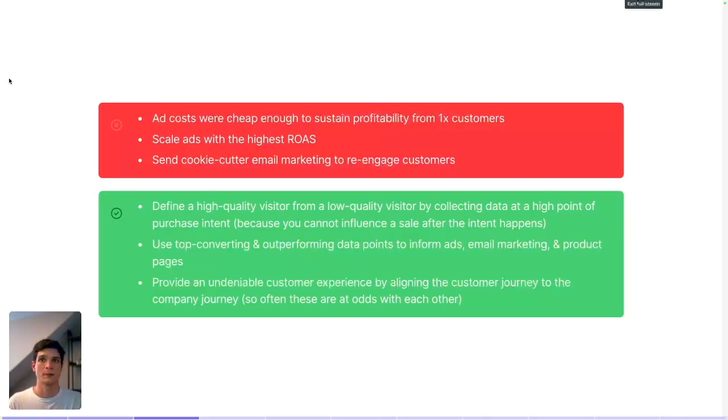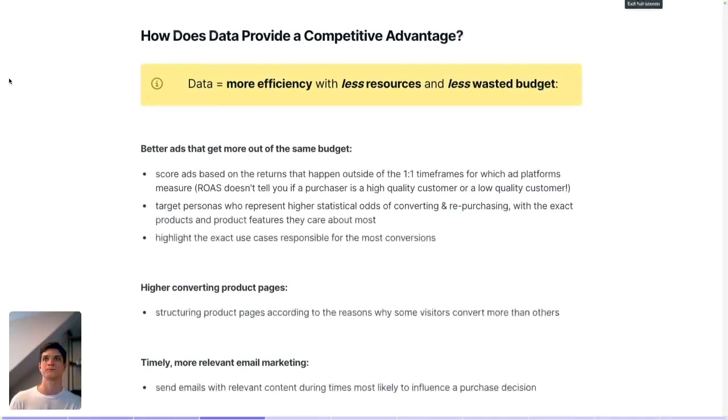You have to use top converting and outperforming data points to inform the strategy of advertising, of email marketing, and the structure of product pages so that they hit on the right information in the right order. And you have to provide an undeniable customer experience by aligning the customer journey to the company journey. And so often these are misaligned with each other, which creates a very poor customer experience.